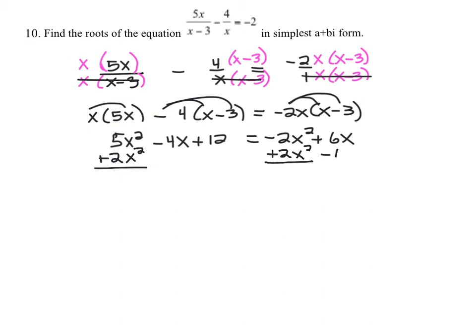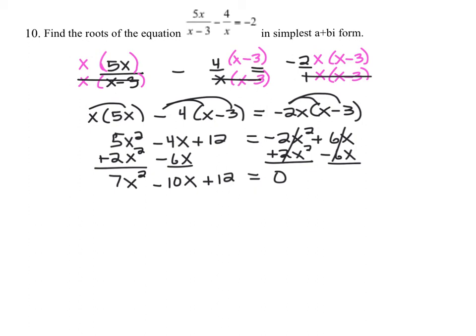And then I'm going to subtract 6x from both sides of the equation, and also you can line that up under your x term. Okay, so that leaves us with 7x squared minus 10x plus 12. And then on the right-hand side of the equation, everything cancels. So please make sure you write equals 0. Okay, see this equal sign? You have to have an equal sign every step of the way.